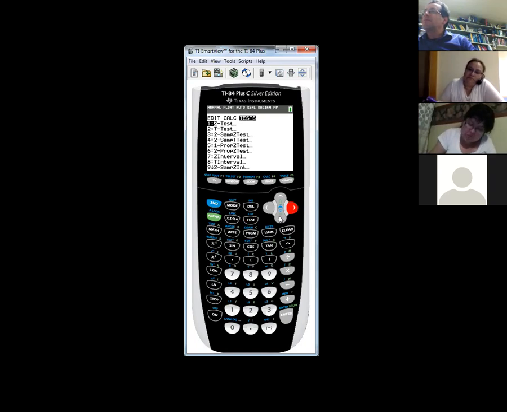Any guess? 2-prop z-test. Yeah, it's 2-prop z-test. We have 2 samples now, right? The sample for people who were asked about Great Britain and the sample for Canada. We're comparing 2 things. They're both yes/no questions.